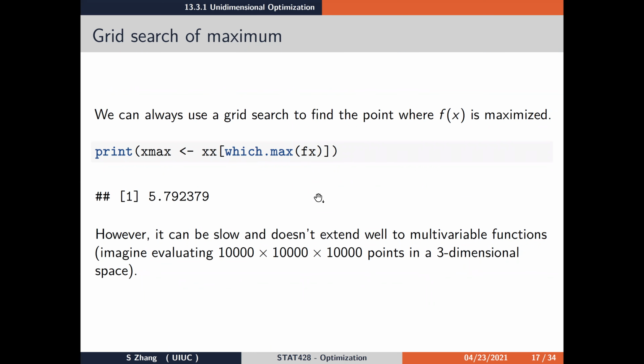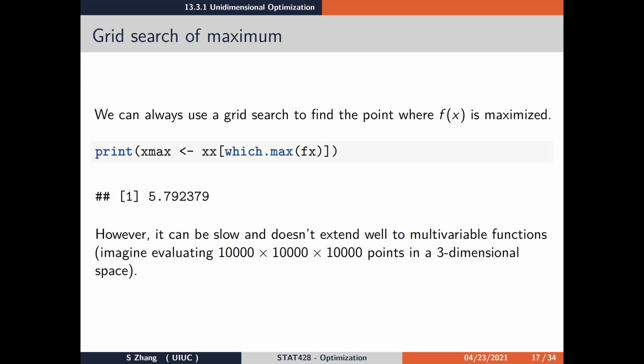We can always use grid search to find the point where f(x) is maximized. This is given by the x value at which the f(x) value attains its maximum. And we can see that in this case, the maximum is attained around 5.79. However, grid search can be slow and it doesn't generalize well to multivariable functions.